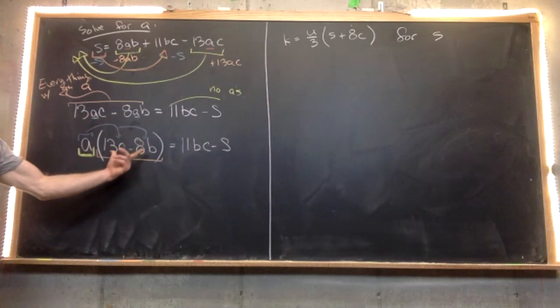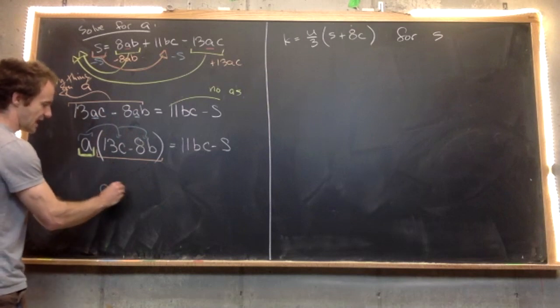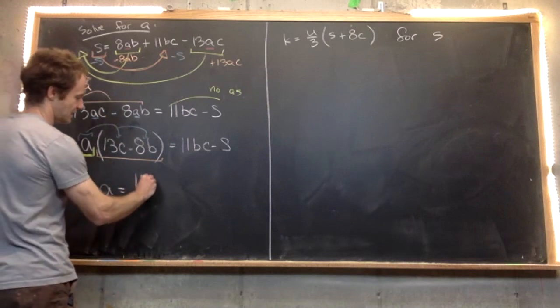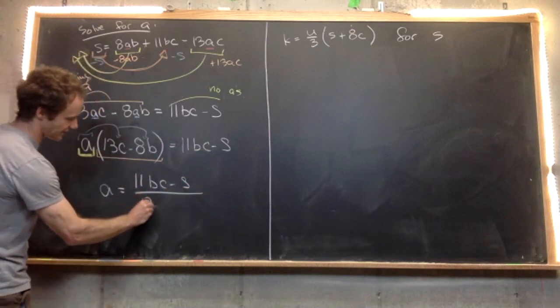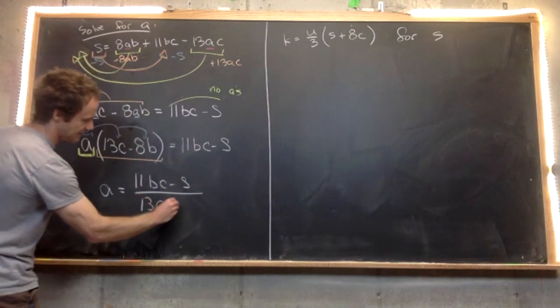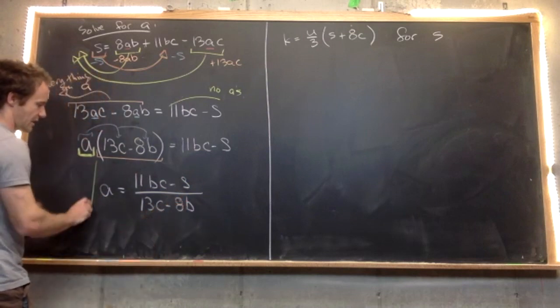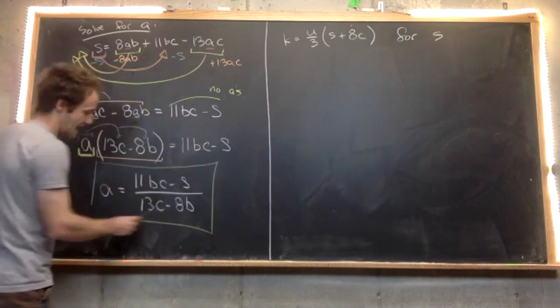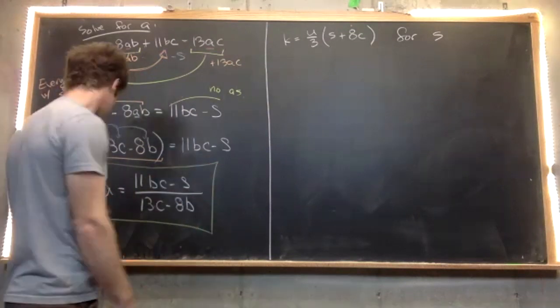Well, we just divide by this block right here. So that's going to give us A equals, so we've got 11BC minus S over this thing right here, 13C minus 8B. And now we've got A solved in terms of everything else.